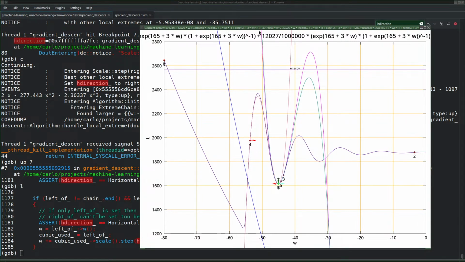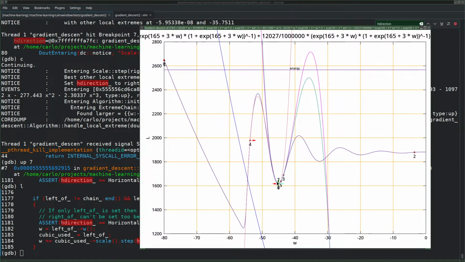It looks like from plus infinity, we have first a minimum, then a maximum here, which hardly corresponds with that maximum. And then we dive to somewhere very, very negative, very far to the right, and then we have a minimum again on that side. So it's kind of bullshit. Nevertheless, then we detect that both extremes of this 4th degree polynomial are on the same side as this one, that one and that one, which means that the one that is the closest, this one, is of the opposite type.